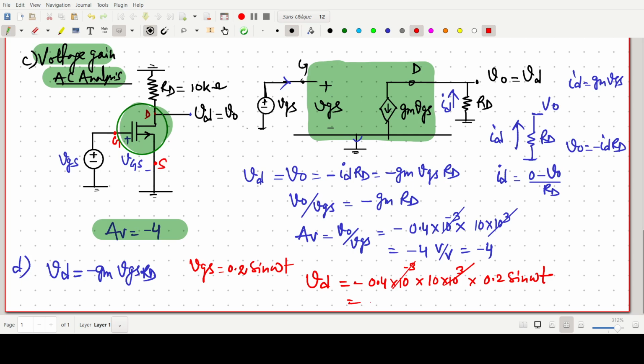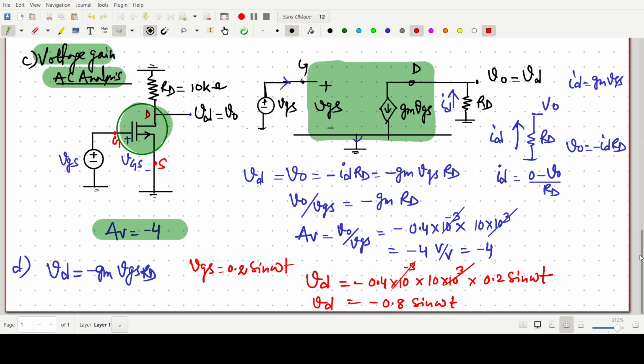So it should be around minus 0.8 sine omega t. So the VD, the AC voltage across this V naught, will be minus 0.8 sine omega t. Okay, that we have found.